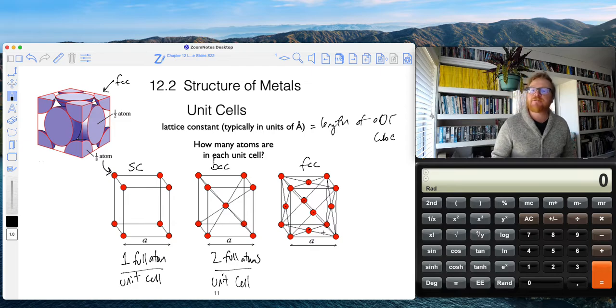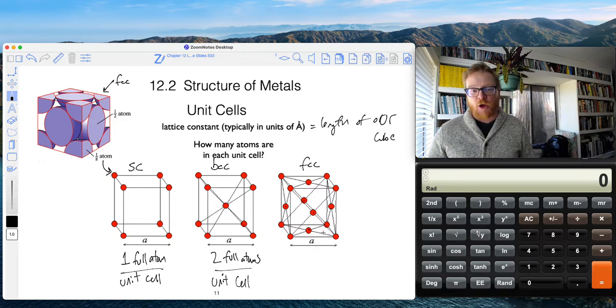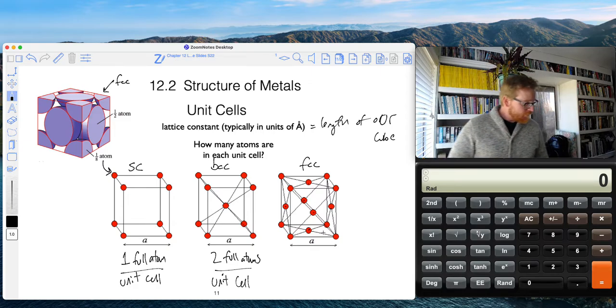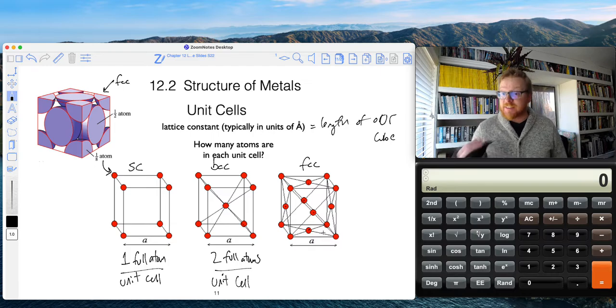And there's a half of an atom on each of those sides. So that gives me 6 times 1/2 is 3, plus there's 1/8 of an atom on each corner, and there's 8 corners. So that means our FCC is 4 full atoms per unit cell.